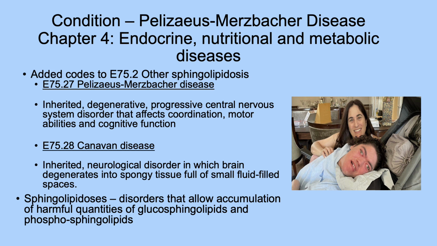The brain degenerates into spongy tissue full of small fluid-filled spaces. So this is E75.2 sphingolipidosis. So what are those? Those are disorders that allow accumulation of harmful substances of glucose sphingolipids and phosphorus sphingolipids. And this causes these conditions.